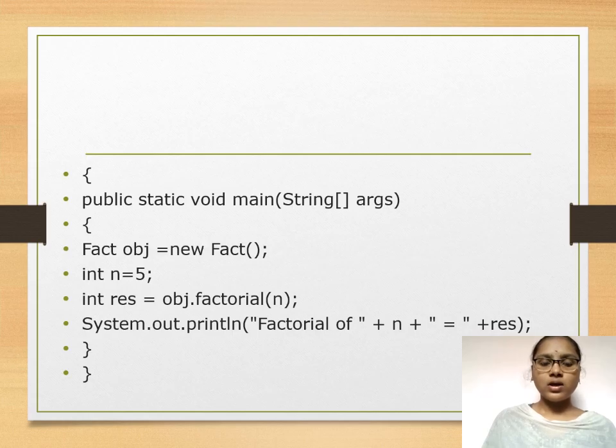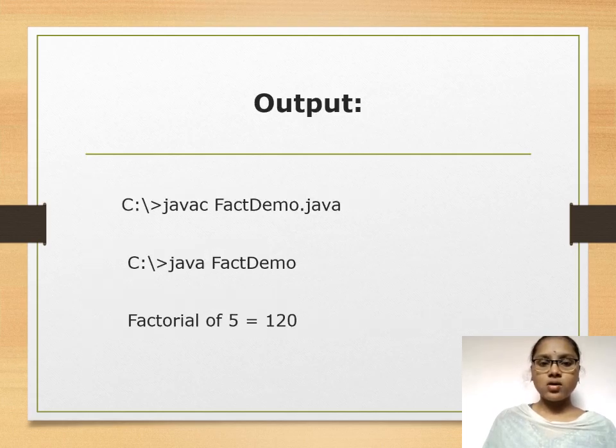Fact obj equal to new Fact, int n equal to 5, int result equal to obj dot factorial of n. After that, we print the output: System dot out dot println factorial of plus n plus equal to plus result. The output of the source code is factorial of 5 equal to 120.